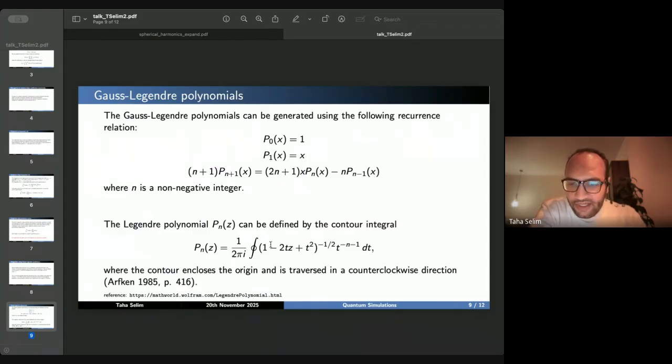Of course, we have to be careful here about the way that these things are defined. Here it is defined from Arfken. Typically, when we do quantum simulations, and also in the Molkit package, an open source Julia package, all of these things have been defined with respect to a certain convention.